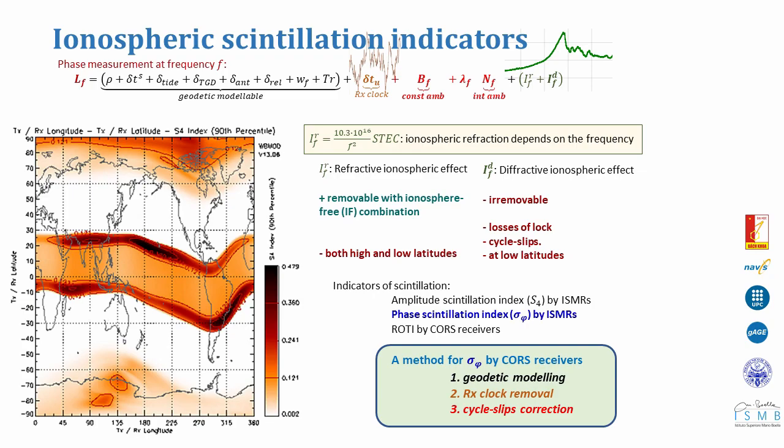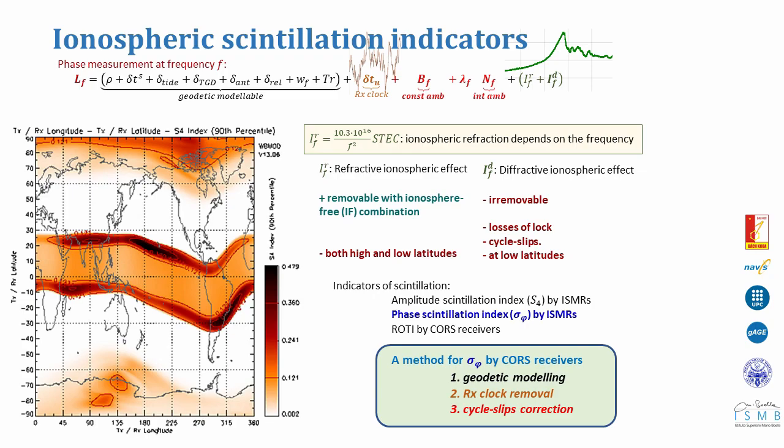The refractive scintillation happens at both high and low latitudes, but the diffractive scintillation is remarkable at low latitudes. Remarkable diffraction can cause large noise in the measurements, losses of tracking lock, and cycle slips, which the solution of the integer number of cycles needs.